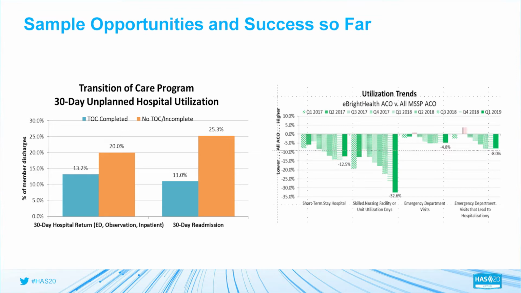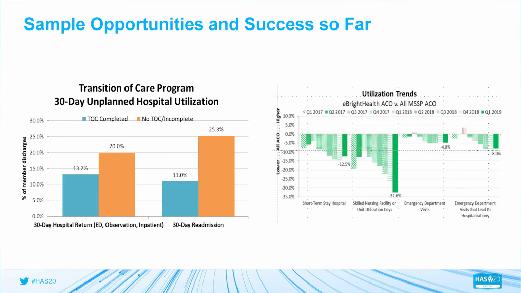The graphs on the right talk about utilization trends for hospitalization, for skilled nursing facility utilization, for emergency department visits, and for ED visits that lead to hospitalizations. And the different colored bars are different periods of time.